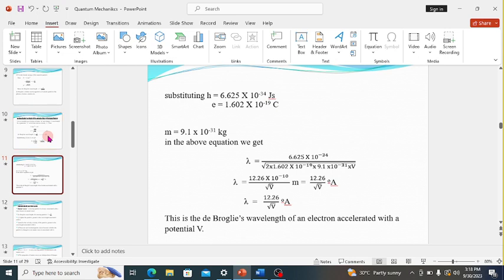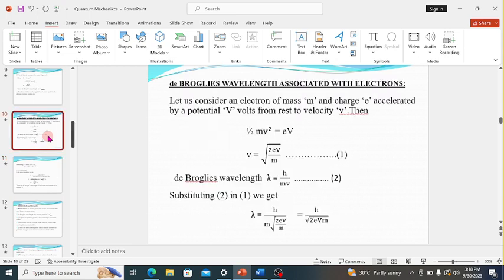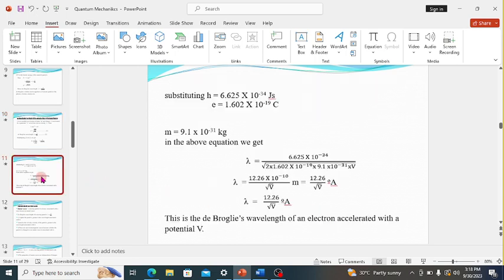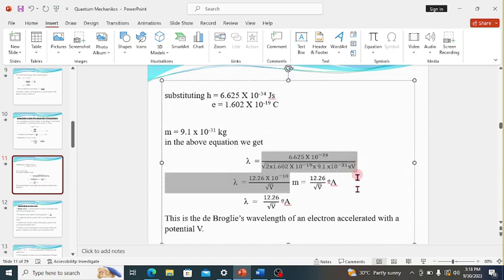What is the above equation? Lambda is equal to h by square root of 2eVm. So I will substitute all these values. So 6.625 into 10 power minus 34 divided by square root of 2 into charge of electron 1.602 into 10 power minus 19 into 9.1 into 10 power minus 31 into voltage.